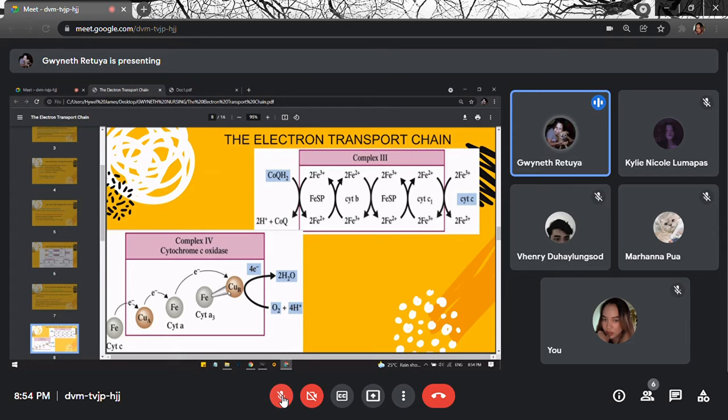So in this final stage of electron transfer, the electrons from cytochrome A3 and hydrogen ions combine with oxygen to form water.